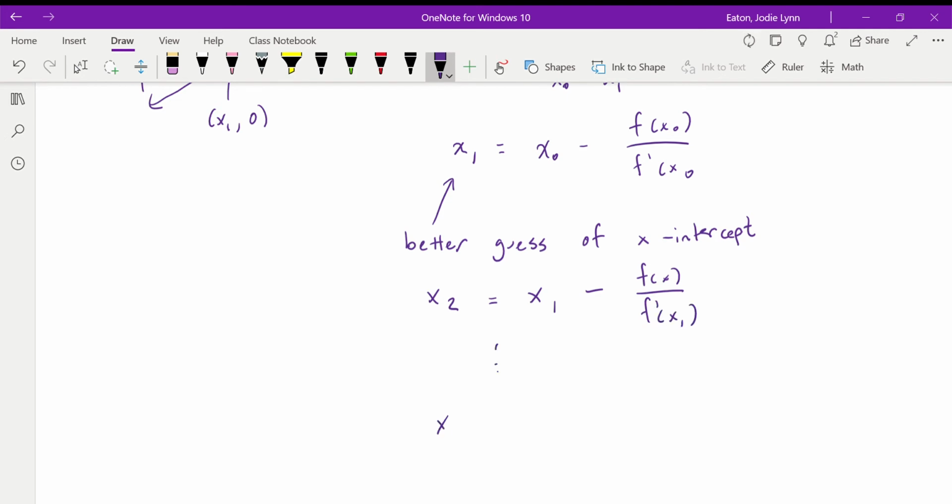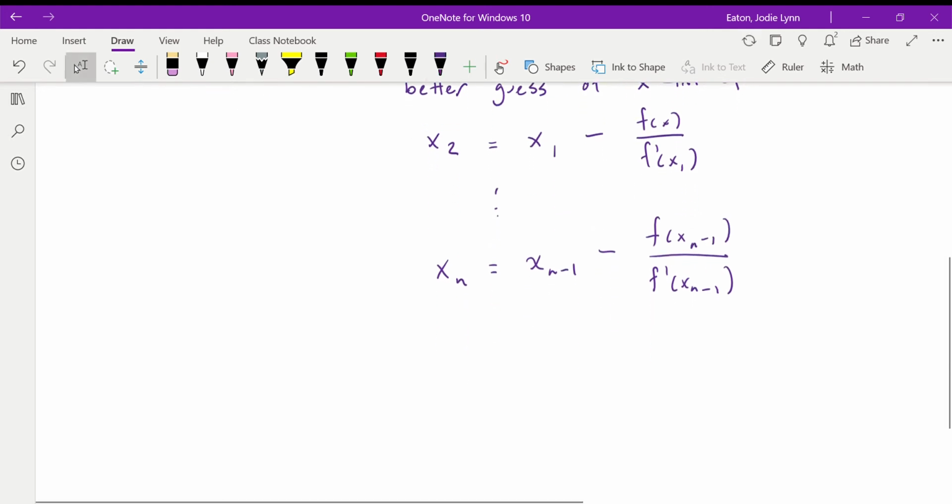And keep on going: x sub n is x sub n minus 1, the x before, minus f of x sub n minus 1 divided by f prime of x sub n minus 1. We're using each successive x we find as the starting point for finding an even better x.